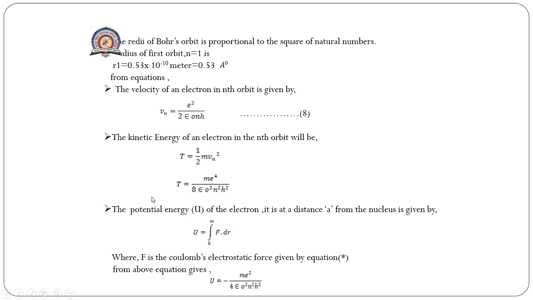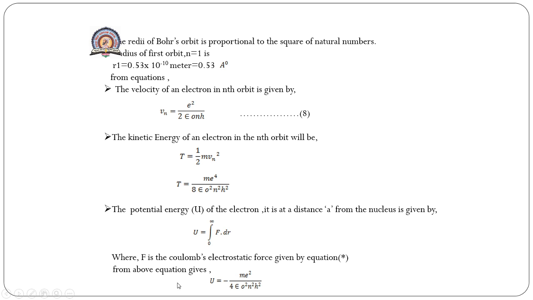Now we have to calculate the potential energy. The potential energy of an electron in the nth orbit, when it is at a distance r from the nucleus, is measured by the work done in moving the electron from a distance 0 to infinity.